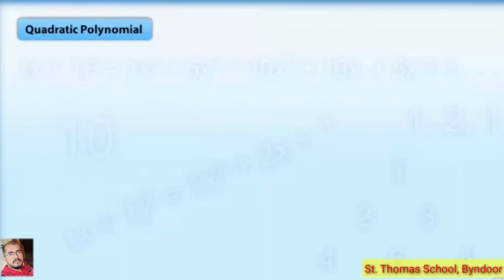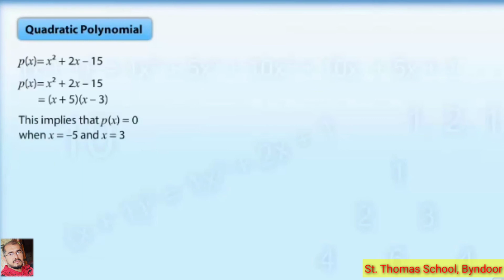What do you think are the zeros of the following quadratic polynomial? p(x) = x² + 2x - 15. When we factorise p(x) = x² + 2x - 15, we get (x + 5) multiplied by (x - 3). This implies that p(x) is equal to 0 when x = -5 and x = 3.